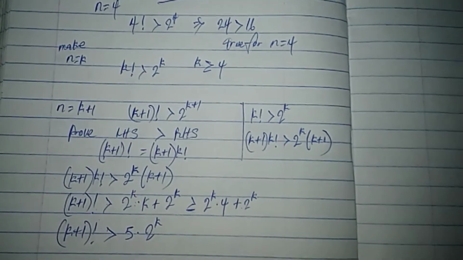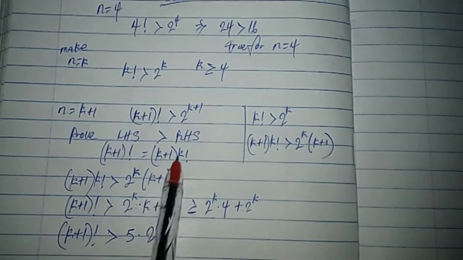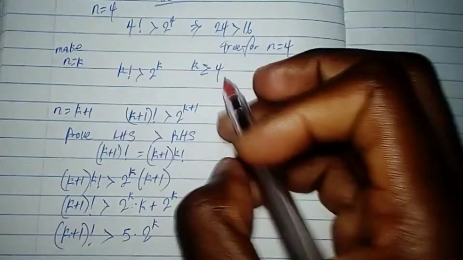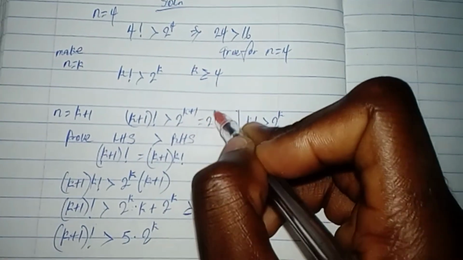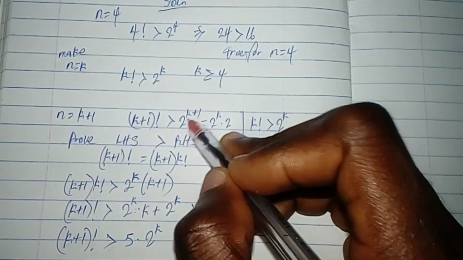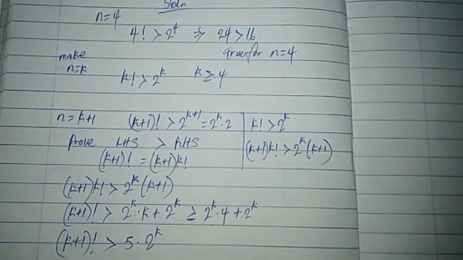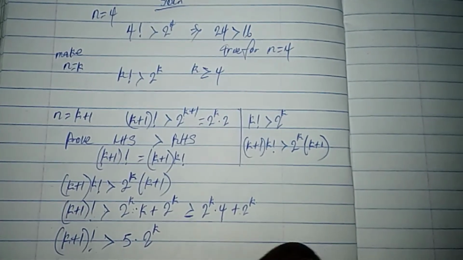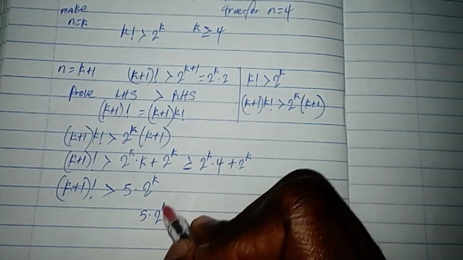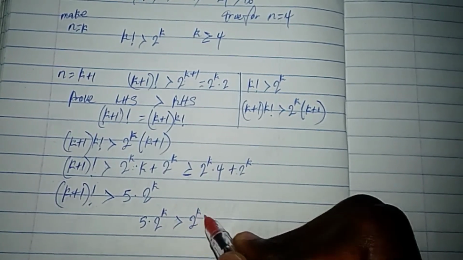So now we can clearly define that since we are to prove that this is greater than this, I know I can rewrite this as 2 raised to the power k times 2. Yes, because we can split it according to indices. So I can clearly define that 5 times 2 raised to the power k is greater than 2 raised to the power k times 2.